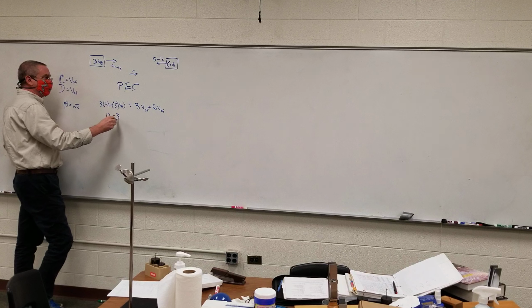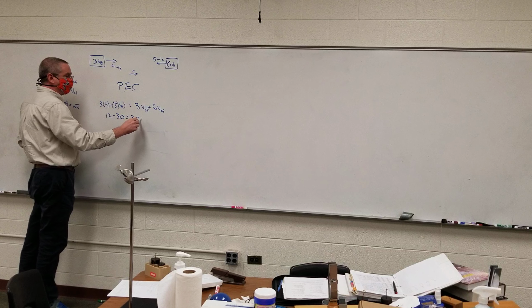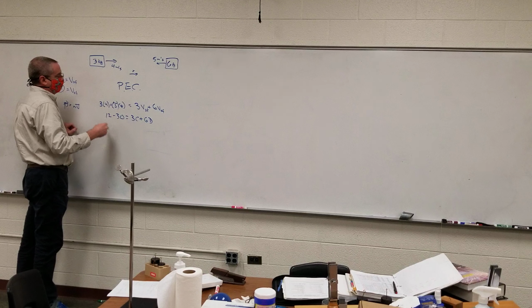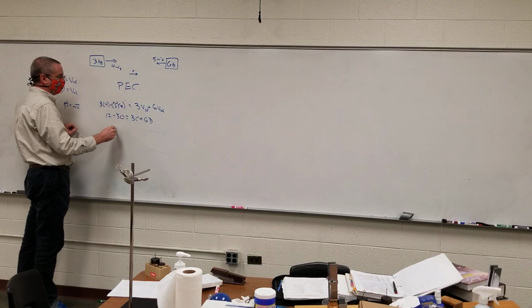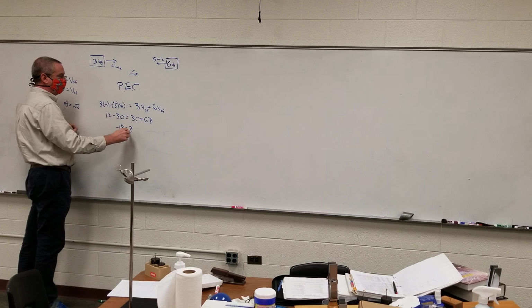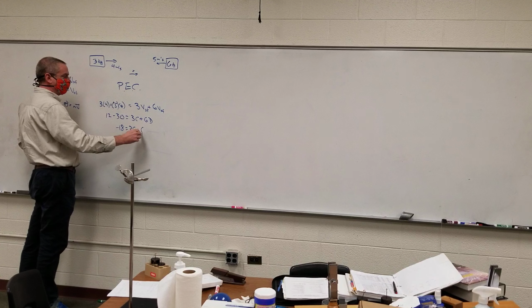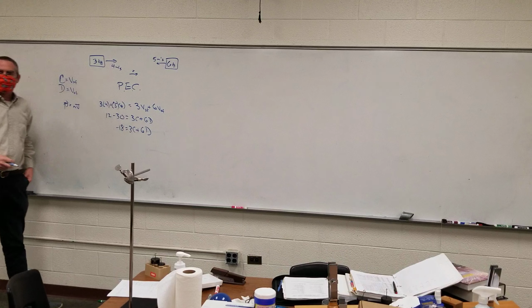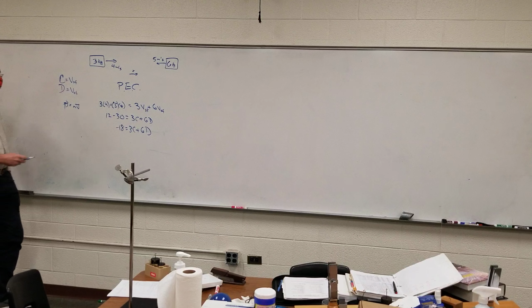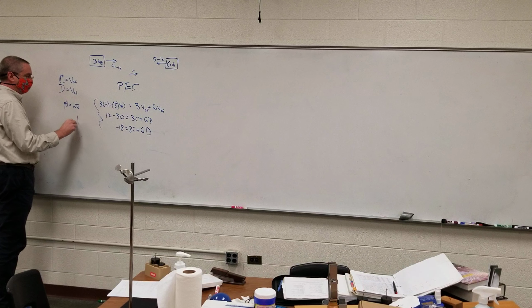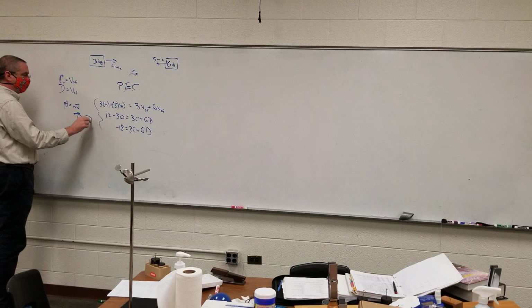So again, 12 minus 30 is equal to 3c plus 6d, which is -18 equals 3c plus 6d. So this is my momentum equation right here, that P initial is equal to P final.